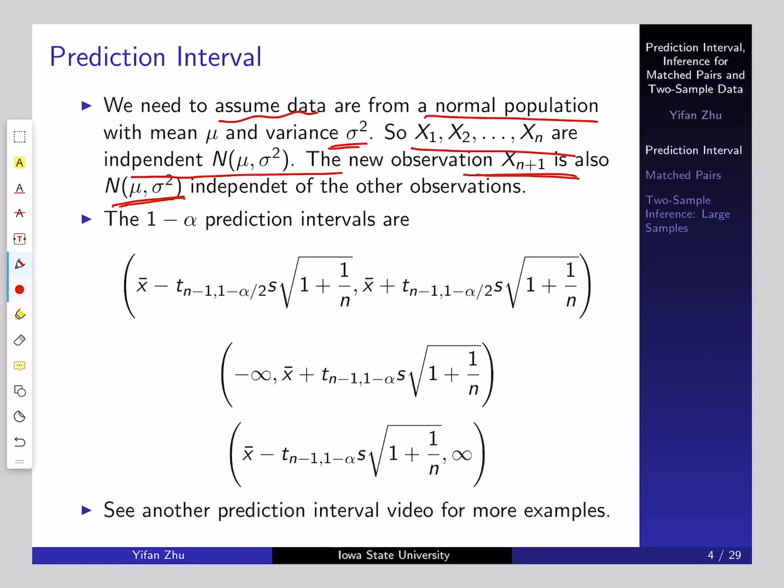It is also independent of the other observations. And we will assume that both mu and sigma squared are unknown. Okay. So these are the 1 minus alpha prediction intervals. You can see that we also use S because sigma is unknown.